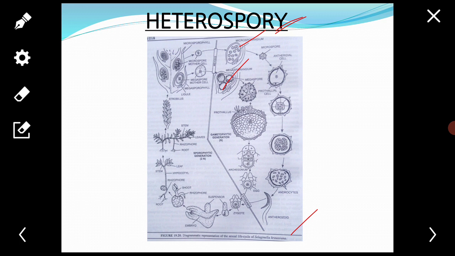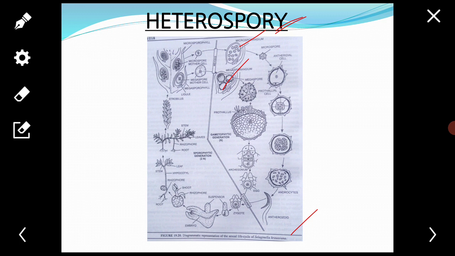These spores differ with each other mainly in respect of their size and function. The smaller ones, named the microspores, are produced in large numbers in microsporangia, and the larger ones, named the megaspores, are produced in smaller numbers inside the megasporangia.